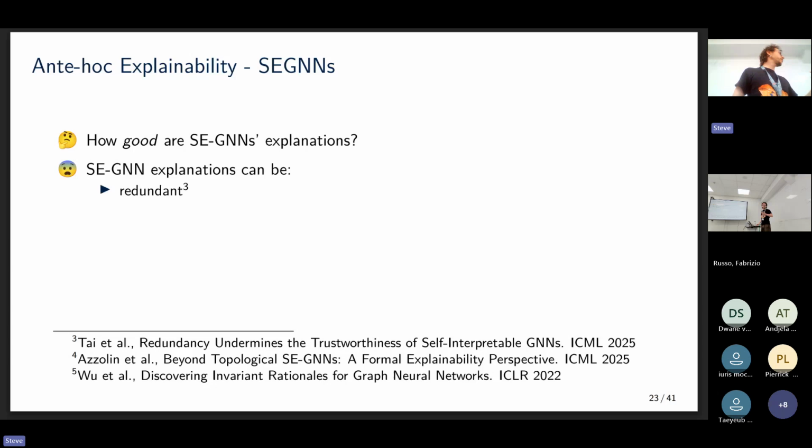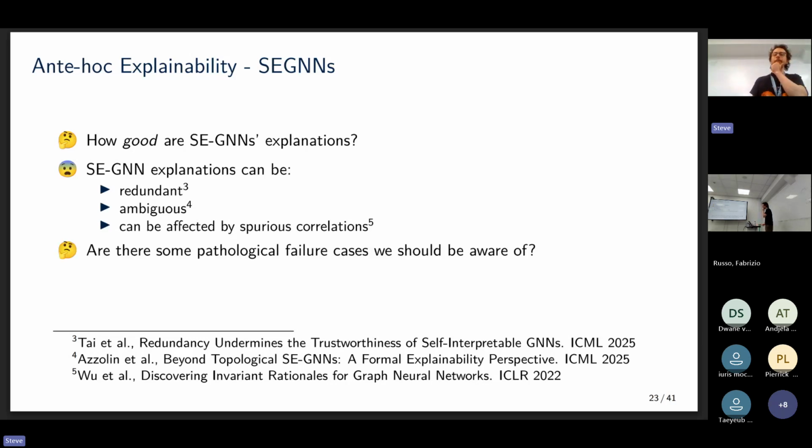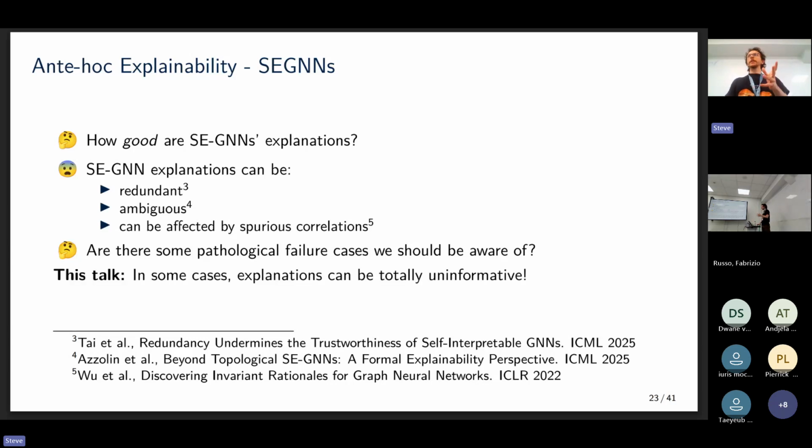They can encode redundant information. They can be ambiguous, and they can be affected by spurious correlations. However, the question of whether there exist some pathological failure cases that we should be aware of remained pretty much unanswered. But in this presentation, I will show you a failure case where explanations can be totally uninformative. And that brings us back to explanations that do not explain.